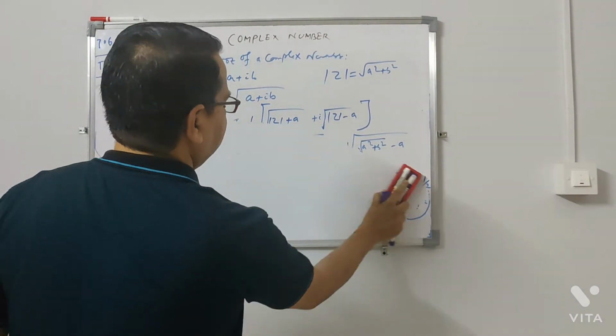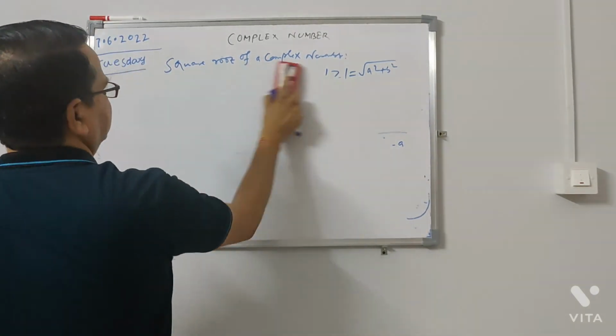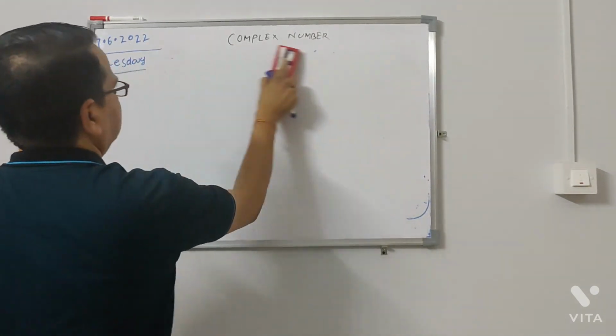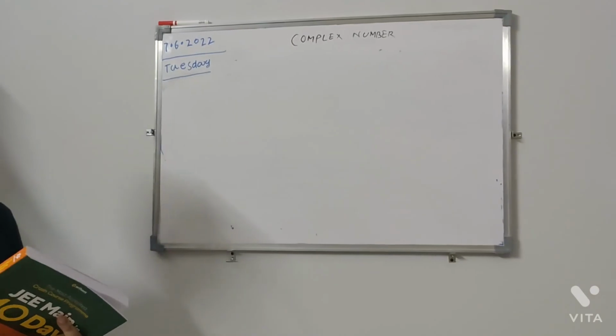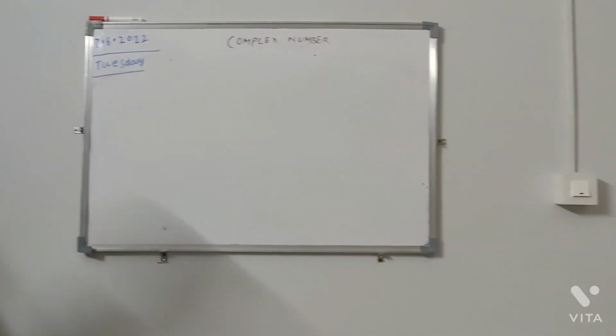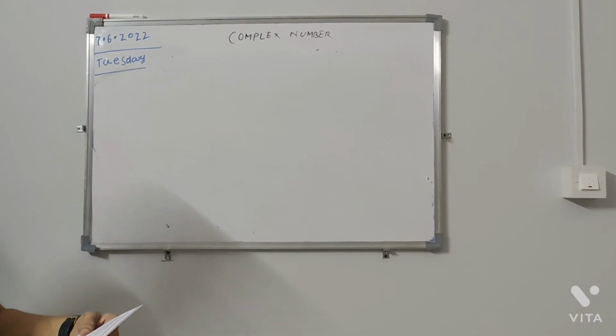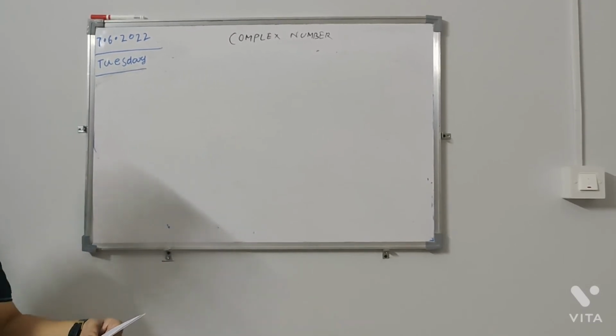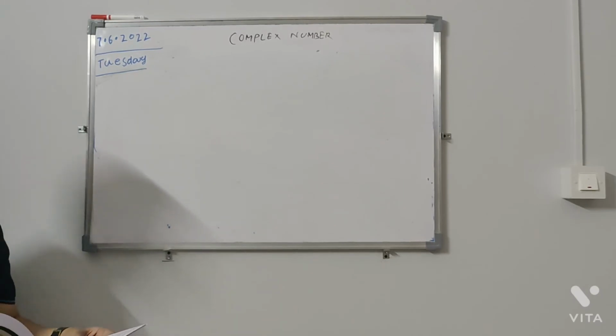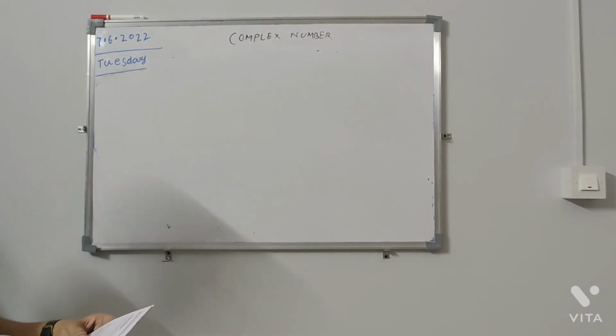That is about the square root of a complex number. Okay. Some more important things related to complex numbers, that is the application of complex numbers in geometry.